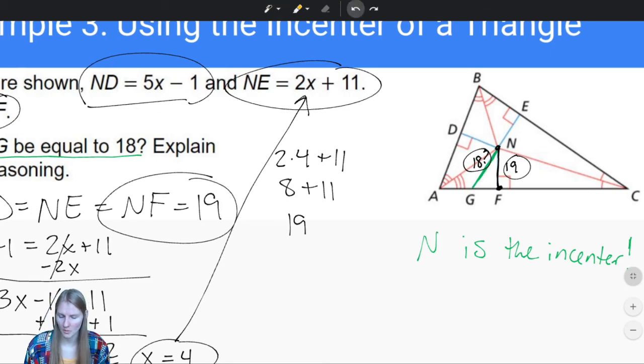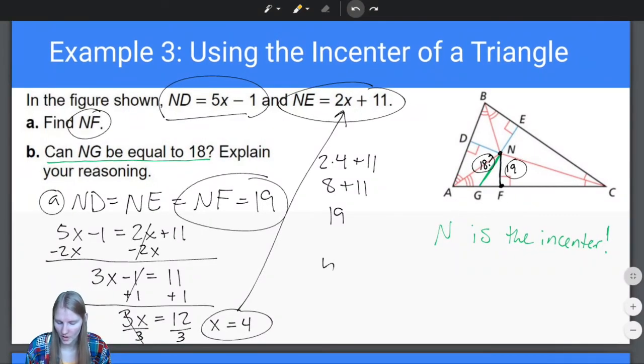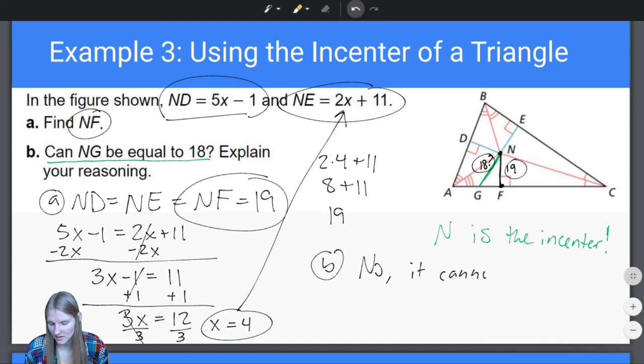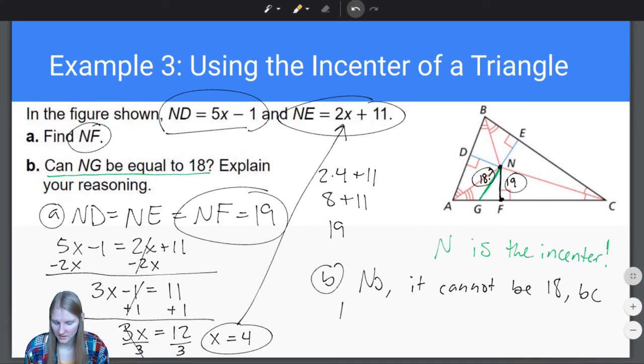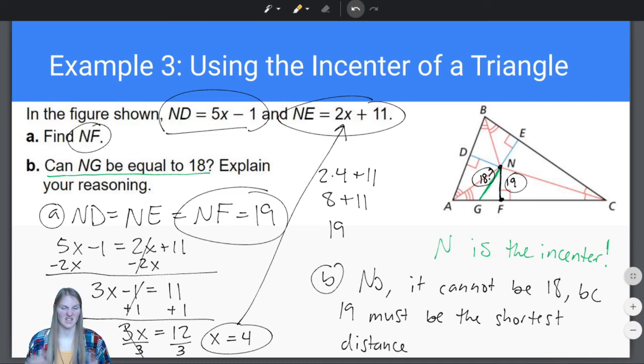So for part B, no, it cannot be 18, because 19 must be the shortest distance, and 18 is less than 19.